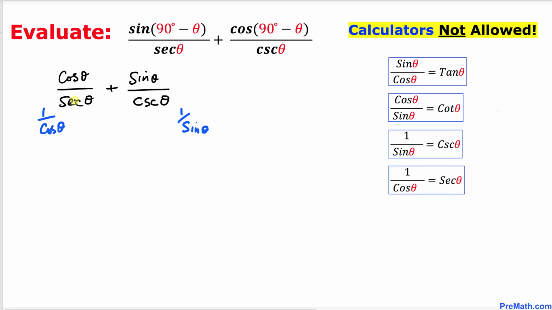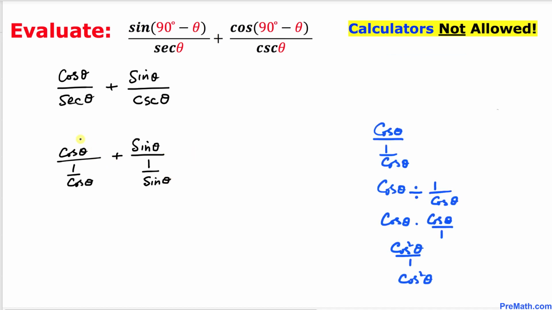Therefore this rational expression could be written as cosine of theta on the top divided by 1 over cosine of theta in the denominator, plus the same thing, sine of theta on the numerator divided by 1 over sine of theta in the denominator.